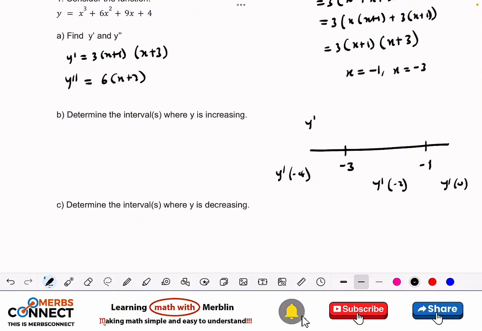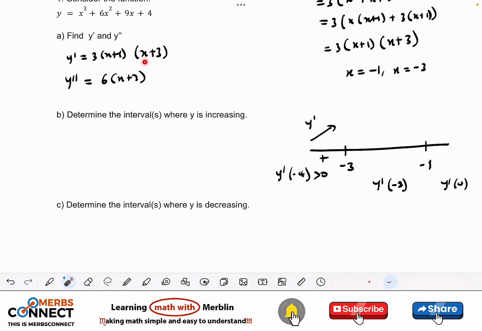Let's use y prime of 2 and see what you are going to get. So let's plug in -4. -4 here is going to be negative. -4 here is also going to be negative. Negative, negative will be positive. So this one will be greater than 0. So this one will be positive and then increasing, right?